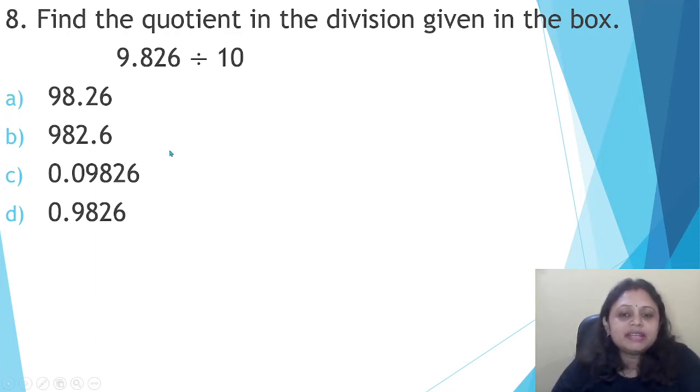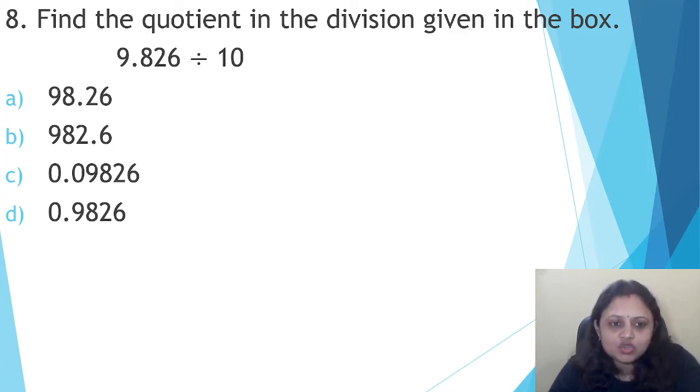Find the quotient in the division given in the box: 9.826 divided by 10. Option A 98.26, B 982.6, C 0.09826, D 0.9826. See, 9.826 divided by 10.